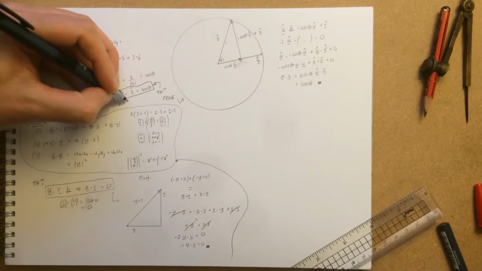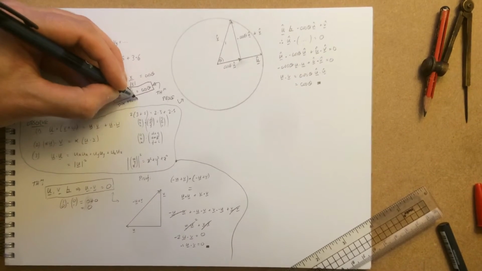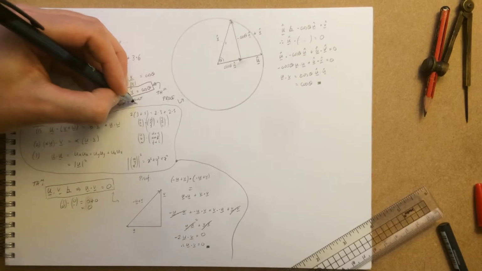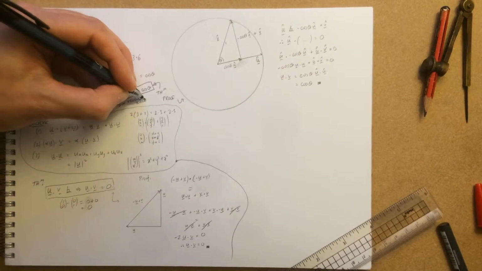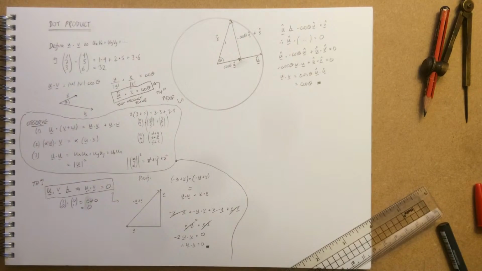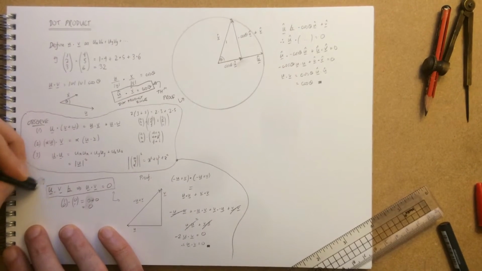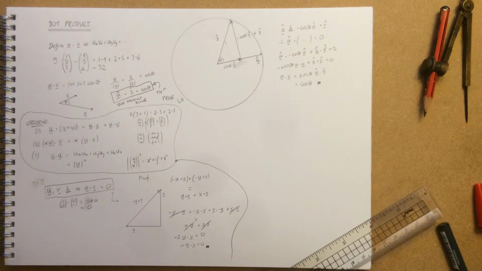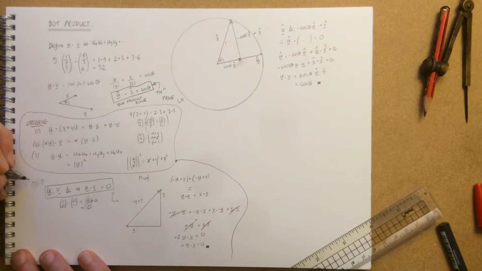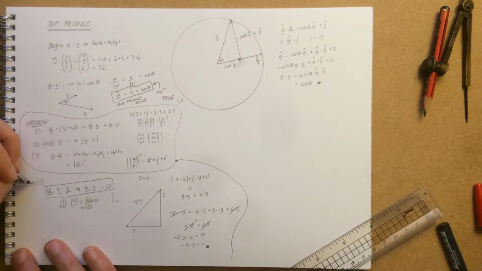Dot product rule. So really this should have been our lemma. A theorem is the big thing you want to prove, and a lemma is a little result that you use.